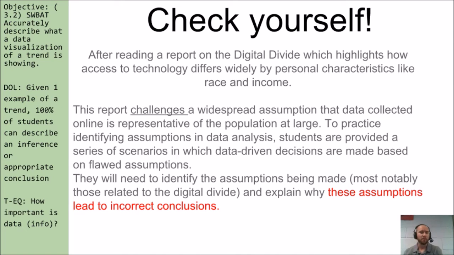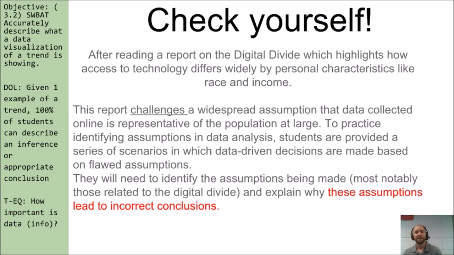Check yourself. After reading a report on the digital divide, which highlights how access to technology differs widely by personal characteristics like race and income, you need to double check your assumptions here. This report challenged a widespread assumption that data collected online is representative of the population at large.